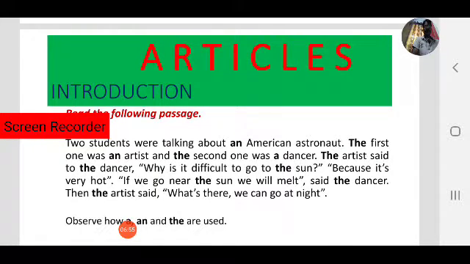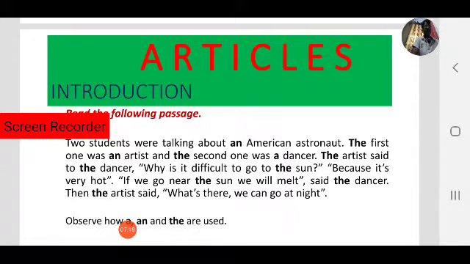Two students were talking about an American astronaut. Here, what is the article, and why should we use an? Revise what we have learned in the previous session. An American astronaut: American begins with a vowel sound, so that's why we use an.